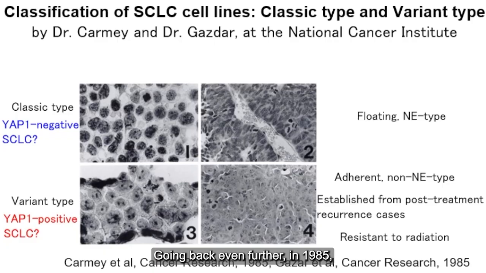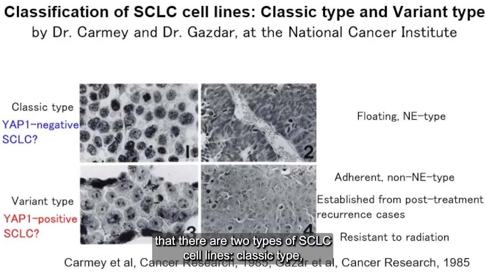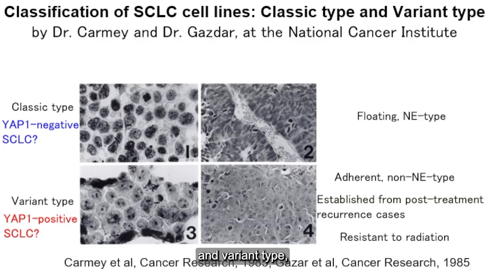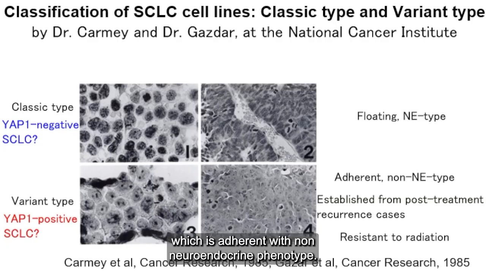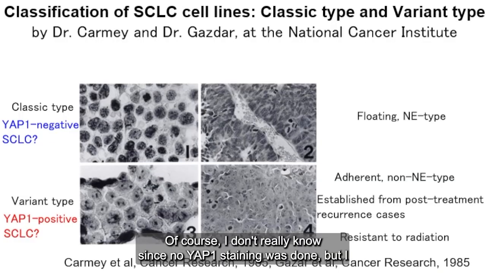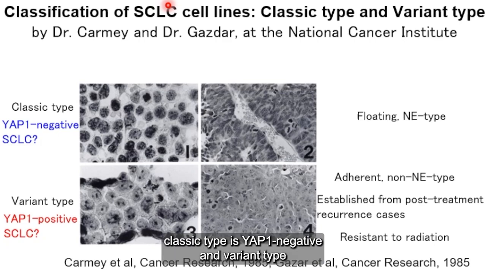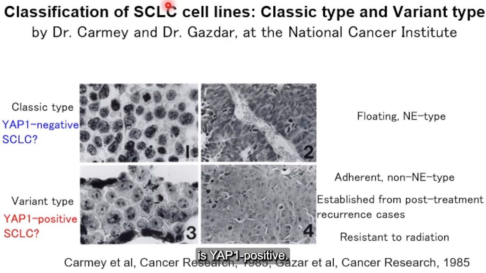Going back even further, in 1985, Carney and Gazdar reported that there are two types of SCLC cell lines. Classic type, which is floating with the neuroendocrine phenotype, and variant type, which is adherent with non-neuroendocrine phenotype. Of course, I don't really know since no YAP1 staining was done, but I speculate that classic type is YAP1 negative and variant type is YAP1 positive.